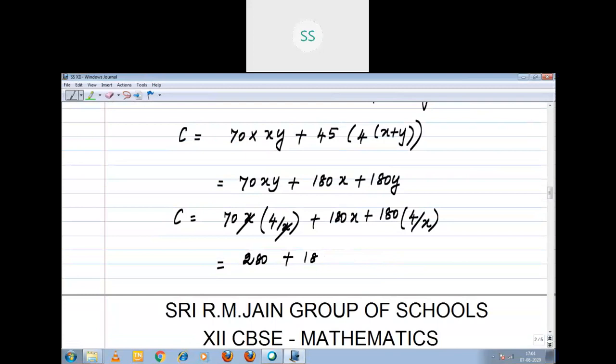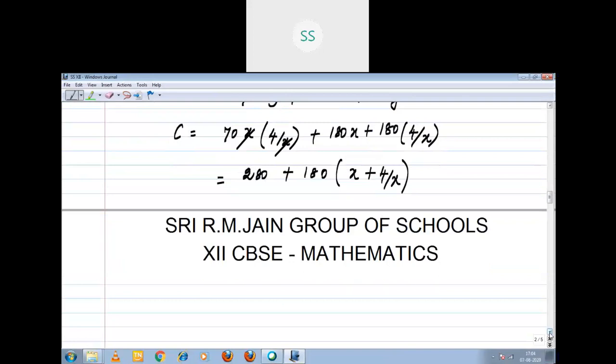You should take 180 as common: x plus 4 by x. You are modifying the statement into its simplest form, that is 280 plus 180 into x plus 4 by x.